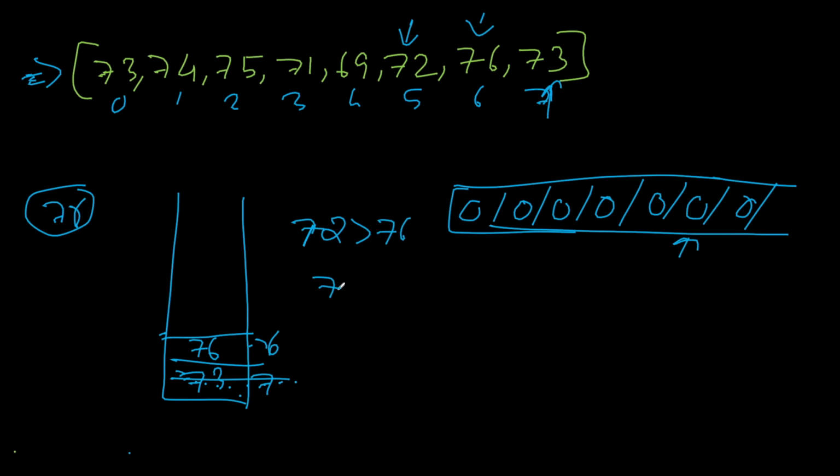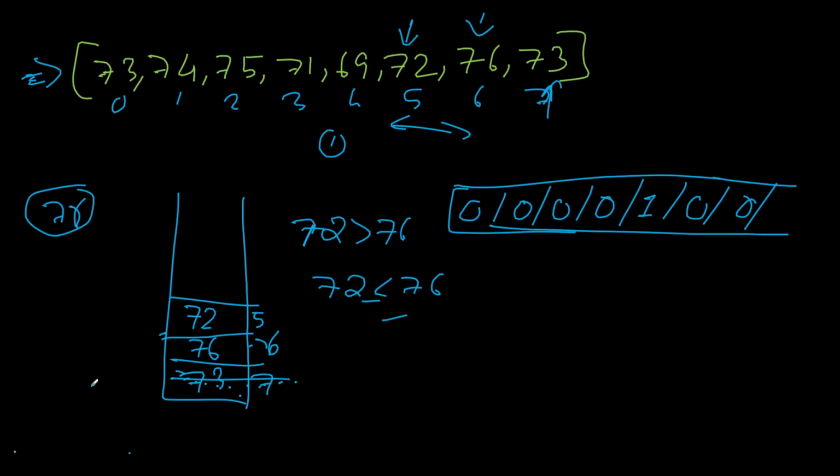Or we can write it's 72 less than or equal to 76. Yes, it is, right? So for 72, we will place 72 here with index 5. And what is the difference between those? It's 1, right? So what we will do here, I will just remove this and write 1.